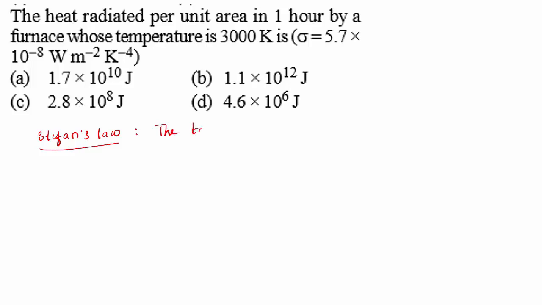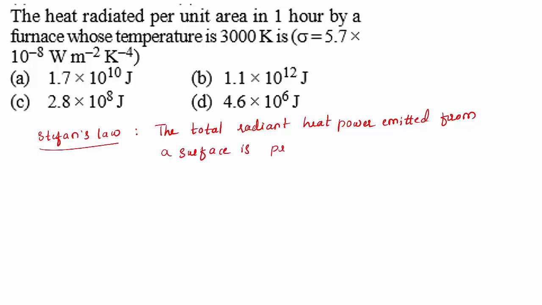The total radiant heat energy or heat power emitted from a surface is proportional to the fourth power of its absolute temperature, which is given by the equation E equal to sigma T raised to 4.